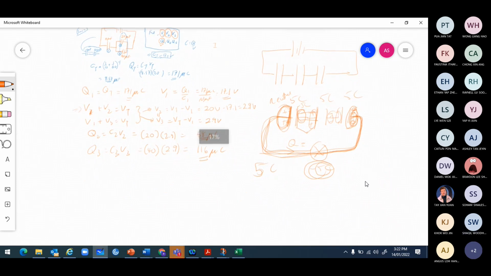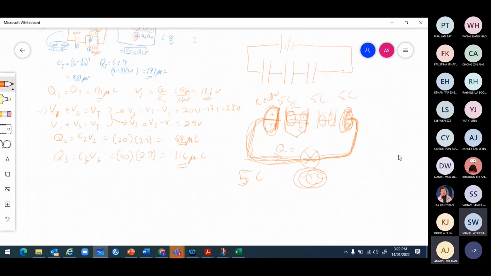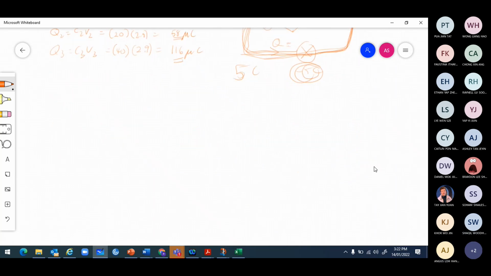Okay, then how about parallel? Parallel is a different story. Let's say this is 5 coulomb, you have another one with 5 coulomb, and another one with 5 coulomb. So they each store 5 coulomb of charge. When the first capacitor releases negative 5 coulomb of charge, the negative 5 coulomb will flow here to neutralize this.